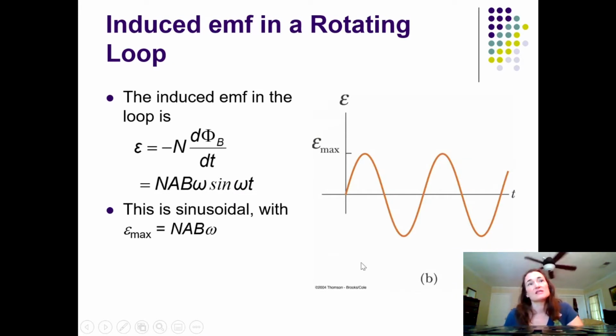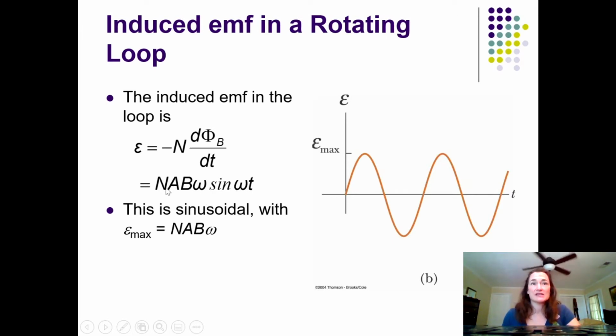Now, Faraday's law says that the induced EMF in the loop will be equal to negative N times d phi dt. Here, N is the number of turns of wire that you have in the loop, and d phi dt is the time derivative of your magnetic flux. Now, going back to the previous slide, remember that phi was equal to BA cosine omega t, and when you take the derivative and plug everything into this equation, that ends up with an induced EMF of NAB omega sine omega t.